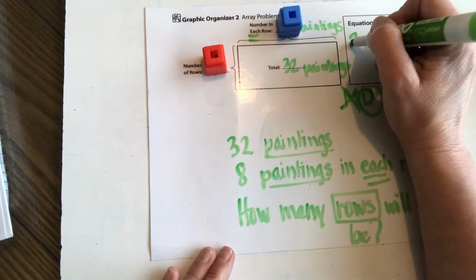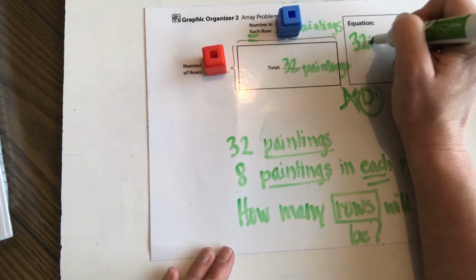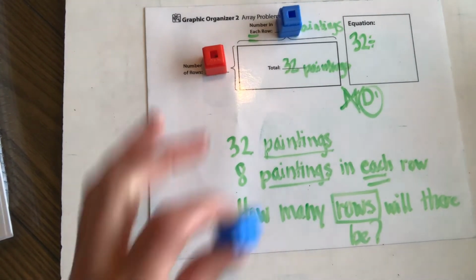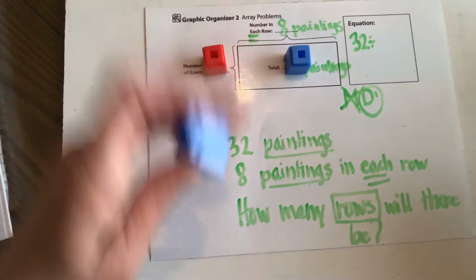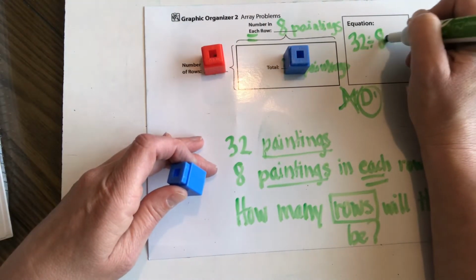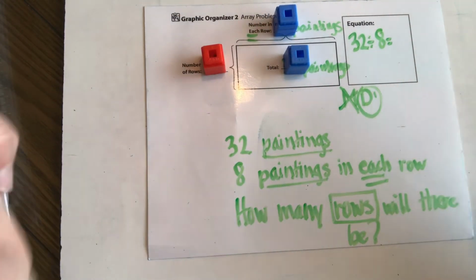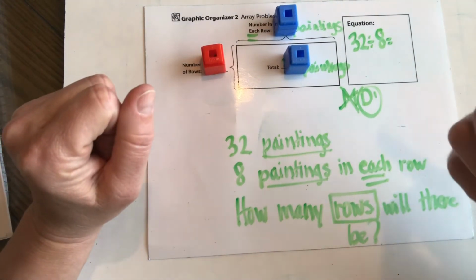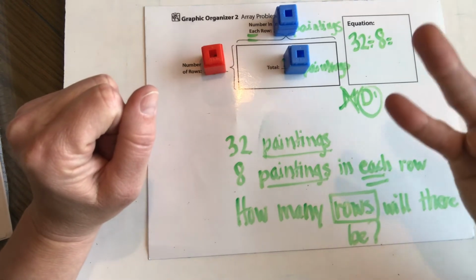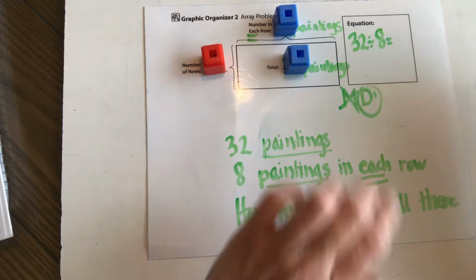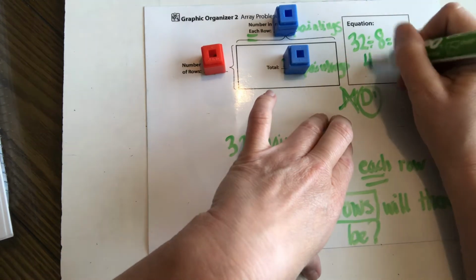So I'm going to write my division sentence beginning with the total or the whole, and I'm going to divide it by 8, and that's going to tell me how many there are. 8, 16, 24, 32. 4. 4 what?